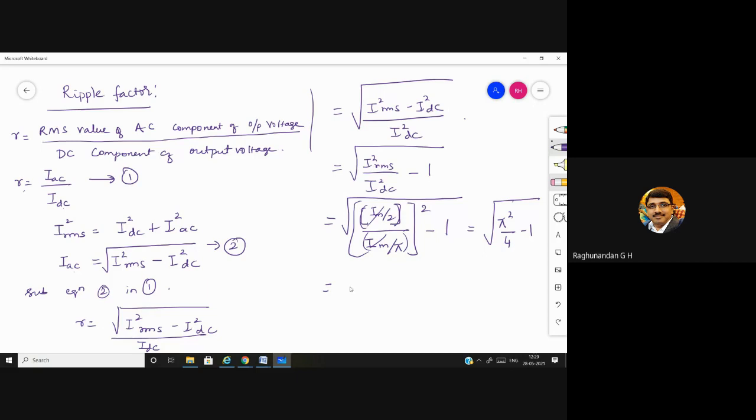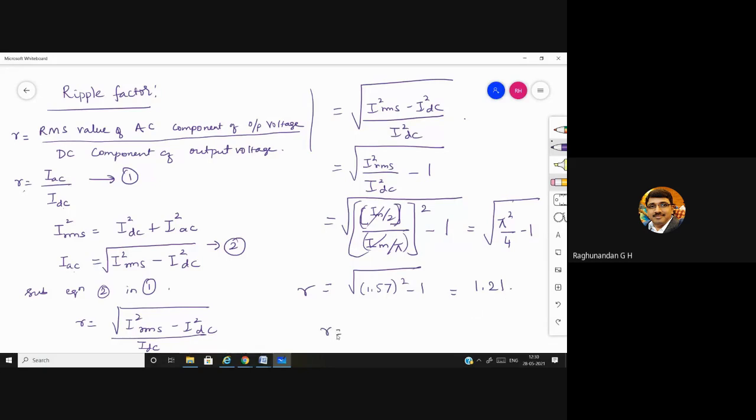So that is equal to root of, pi by 4 value is 1.57, whole square minus 1. So that becomes 1.21. So that is the ripple value. Ripple value is 1.21.